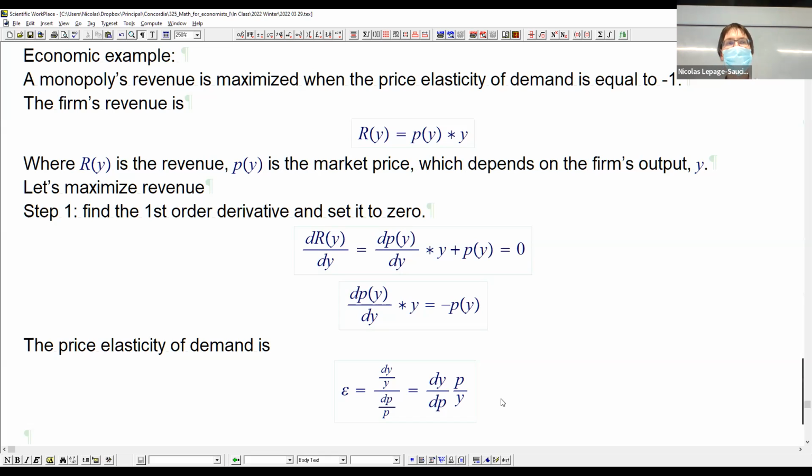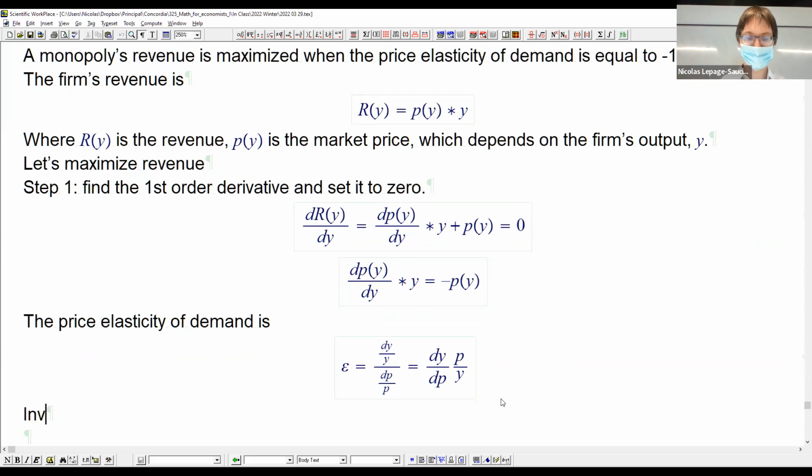So this is something that we've seen a few classes before, but maybe we've seen it in passing, so you don't remember exactly. It's the inverse function rule. So what I can do essentially is the following.